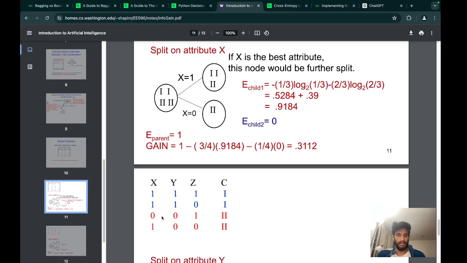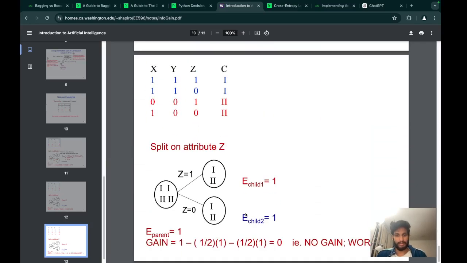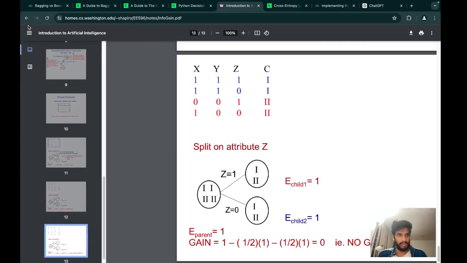If it's 1, it's class 1. If it's 0, it's class 2. So for that simple example, a tree of size 2, the parent node and the classification node, is enough. And that's the end of this lecture.